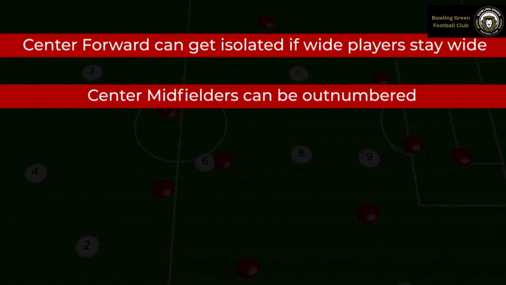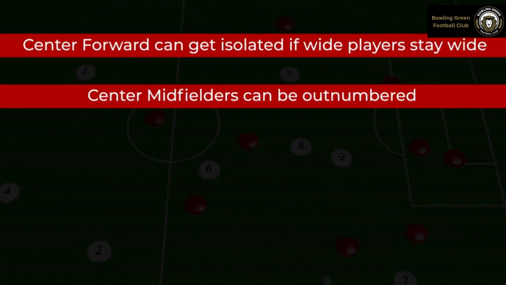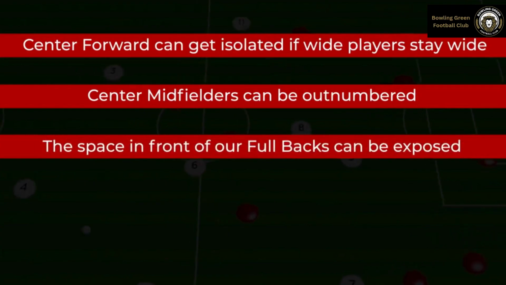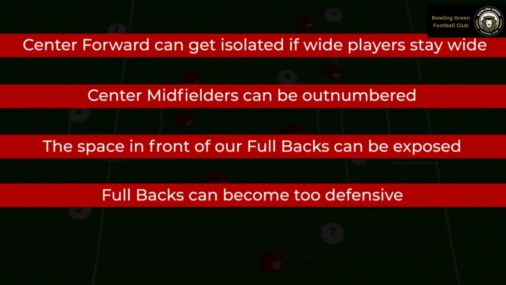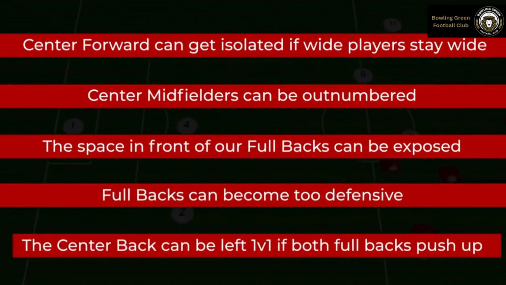If the wide forwards don't track back or central midfielders don't work laterally to cover the spaces in front of the fullbacks, we can be exposed. There is also the potential that wide backs are often reluctant to join the attack and can be caught playing too defensive. There is also the potential that a central defender can be caught one-on-one or outnumbered if both fullbacks push up at the same time.